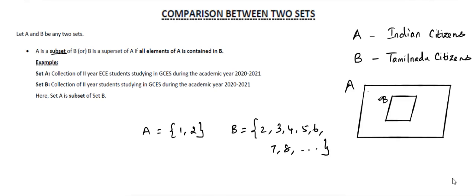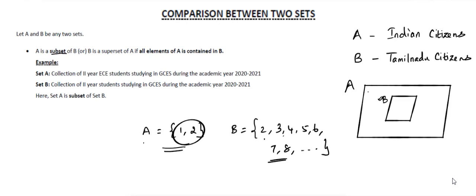You cannot say here A is a subset of B. Why? Because by the subset definition, whatever elements you have in A, 1 and 2, should be present in B. Then only you can say A is a subset of B. Even though set B is the bigger one, it is not necessary that a smaller set is a subset of a bigger set.